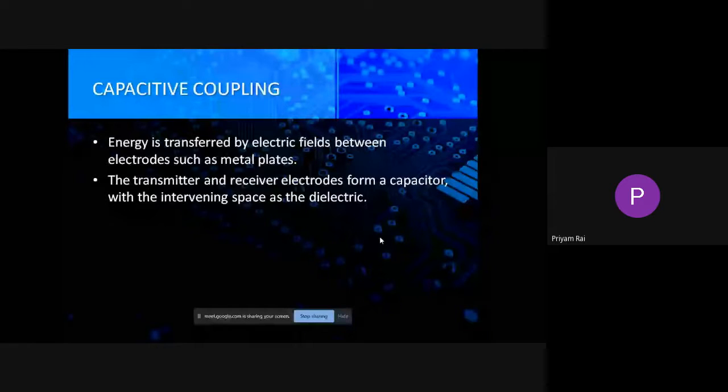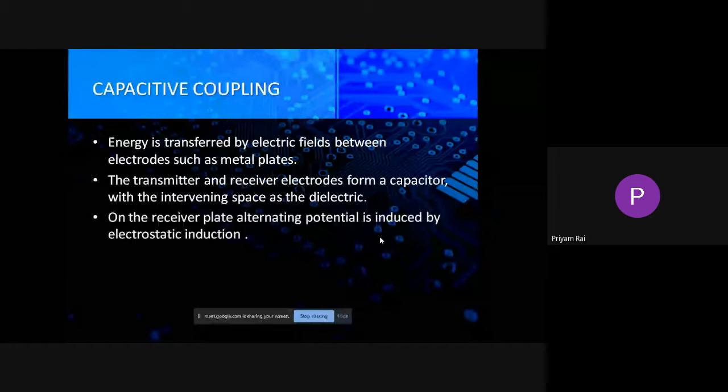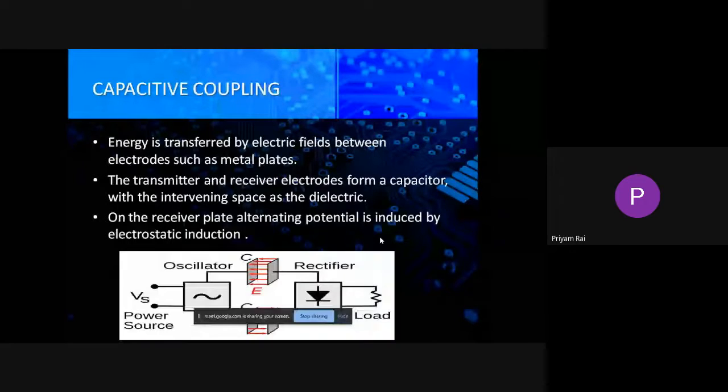An alternating current voltage generated by the transmitter is applied to a transmitting plate, and the oscillating electromagnetic field induces an alternating potential on the receiver plate by electrostatic induction, which causes an alternating current to flow in the load circuit. This is the block diagram of the capacitive coupling.